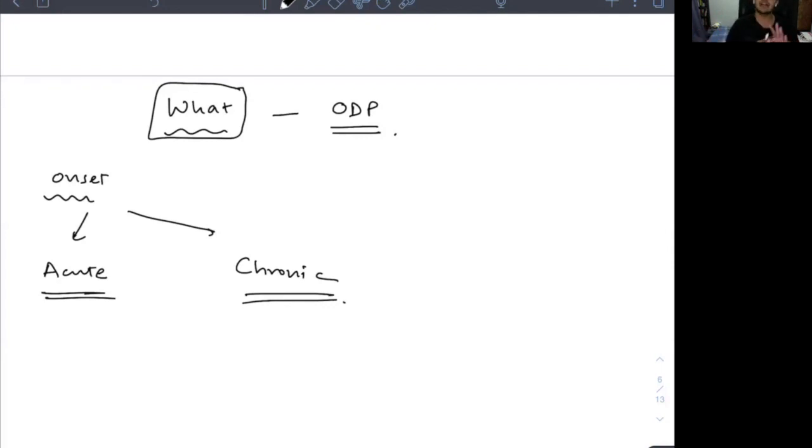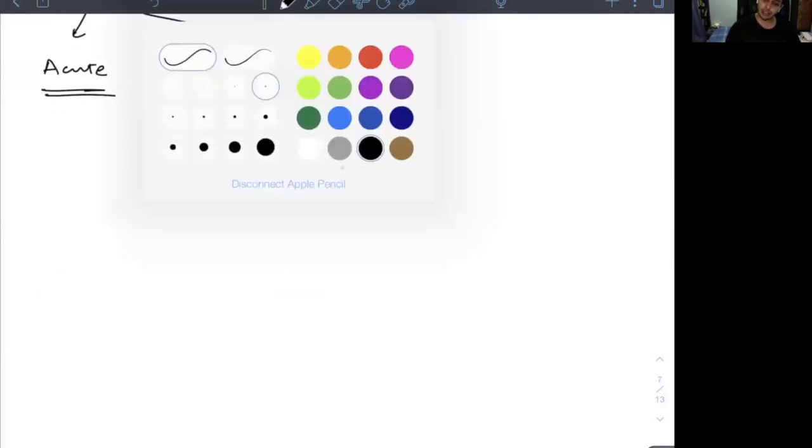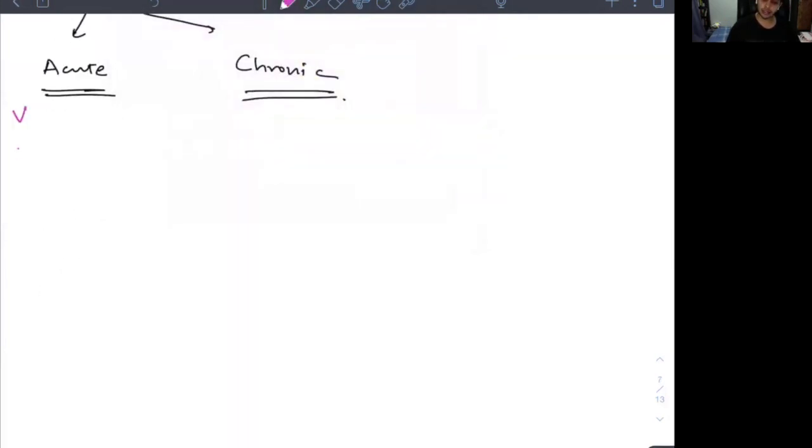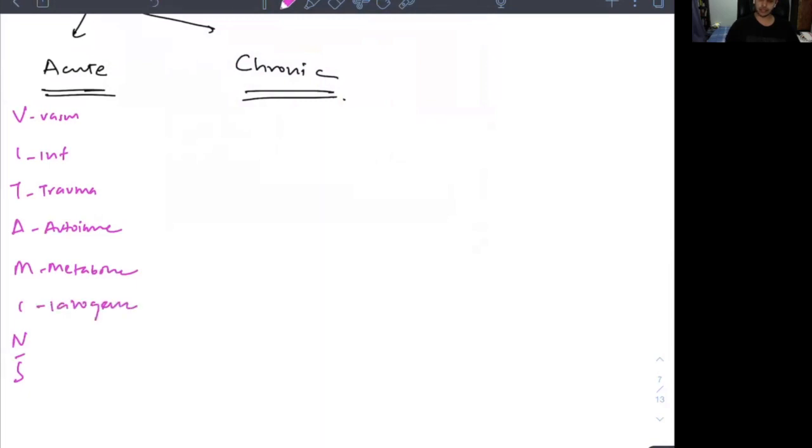That makes all the difference in your diagnosis, because remember your VITAMINS etiology mnemonic, where V is vascular, I is infection, then trauma, autoimmune, metabolic, iatrogenic, that is drugs, nutritional, and syndromic, that is hereditary.